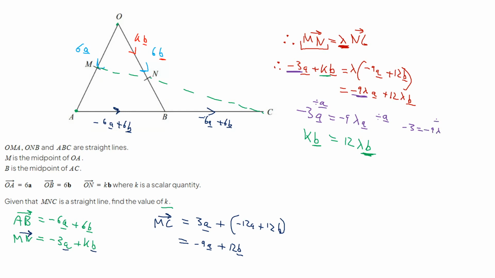And then let's divide by minus 9, and so we're left with lambda is equal to a third. We can then substitute this third into here, and we can get rid of the B's. It's just not necessary. We're left with k is equal to 12 times a third, which is just equal to 4.